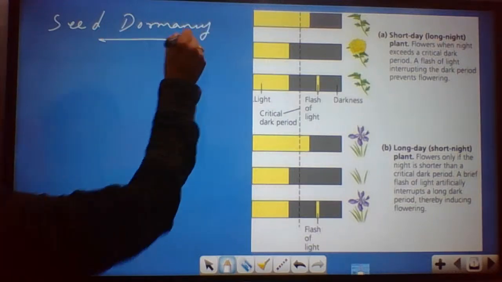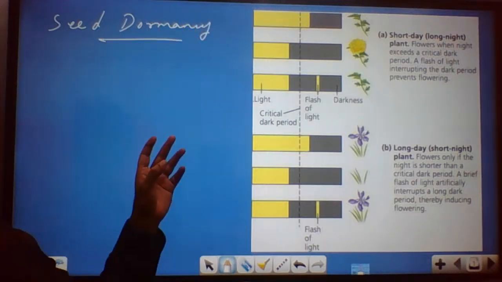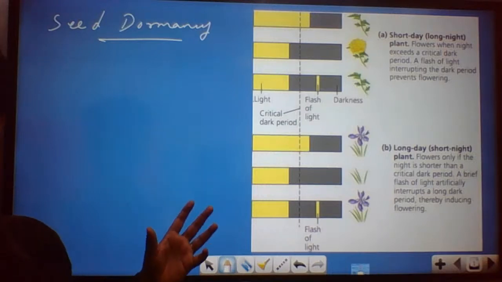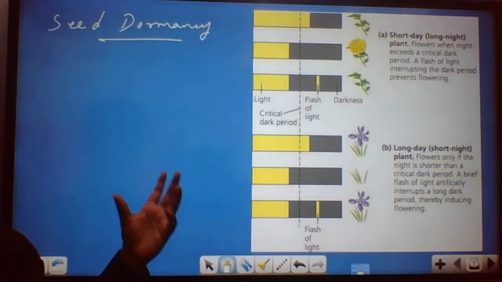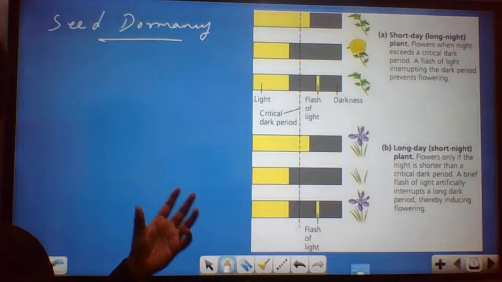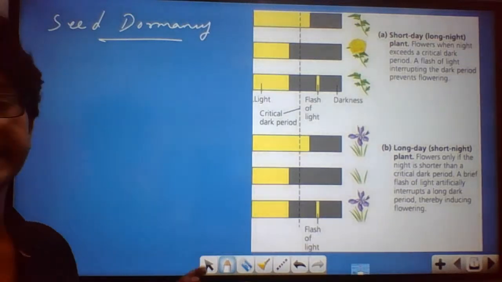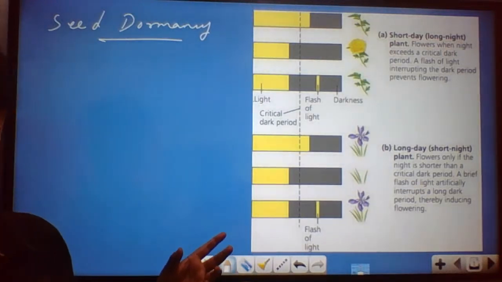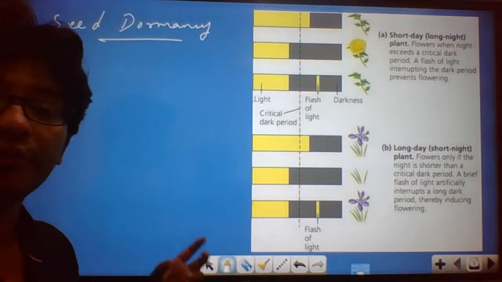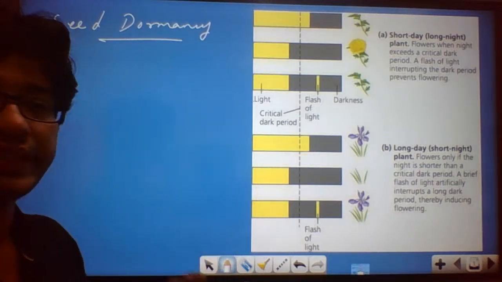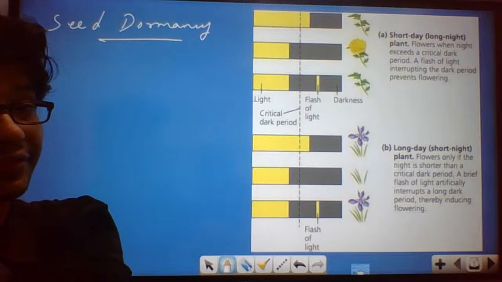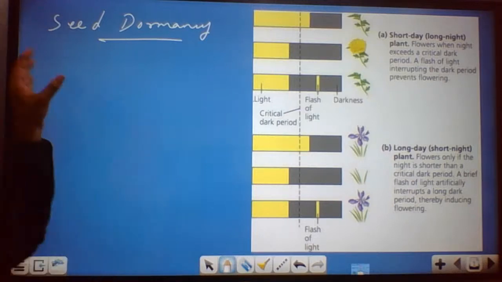We already discussed the causes: the seed coat is impermeable to water, to chemicals, and oxygen. There may be mechanical resistance, and the dispersed seeds of maybe barley that we discussed, and sometimes the embryo seems to be immature. So these are some reasons that we discussed as causes for the dormancy of the seed.